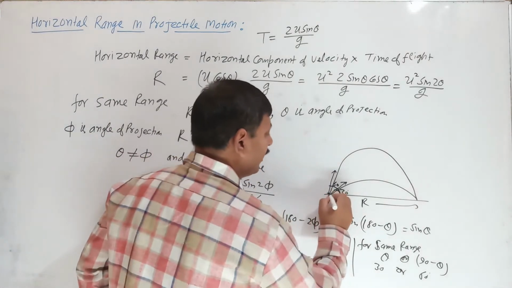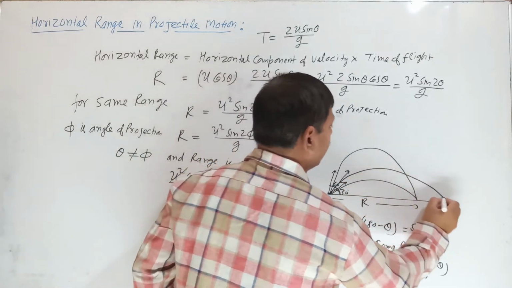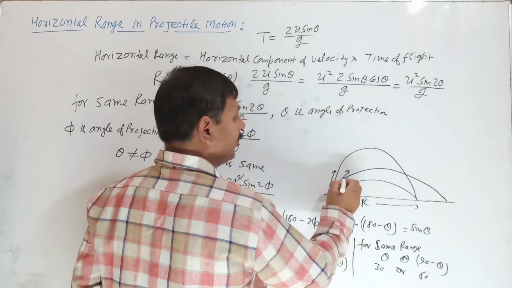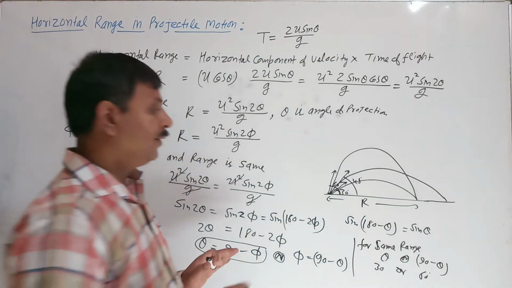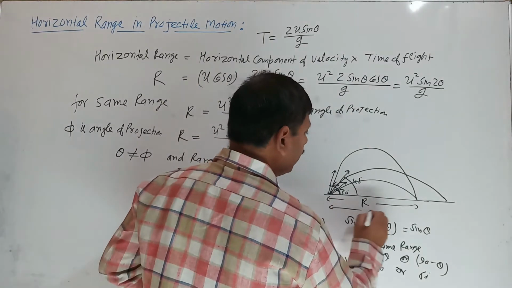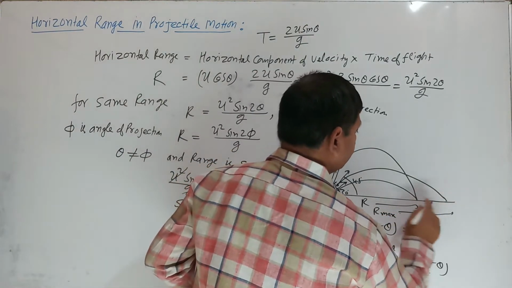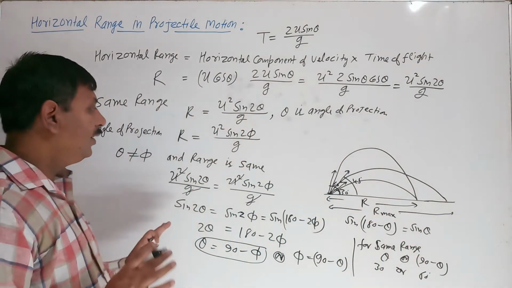You can see here, if I have projected a body at 45 degree, that will be the maximum range. So this maximum range is for 45 degree. This is the R maximum. Maximum range will be for 45 degree.